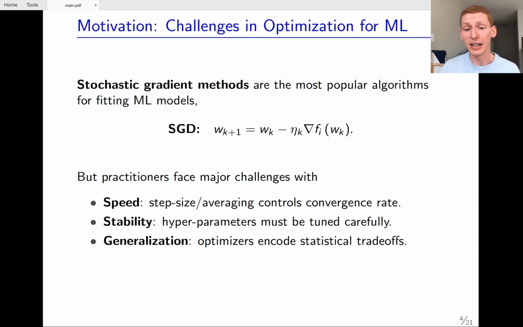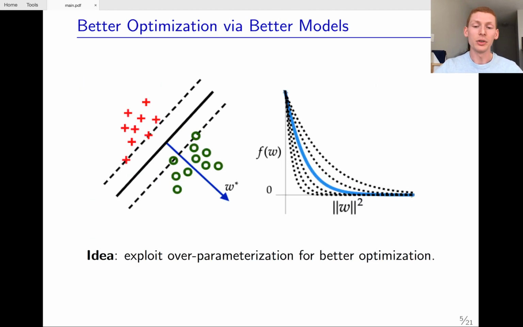This means that there are statistical trade-offs embedded in our choice of optimizer, so we have to think carefully when we pick SGD versus Adam versus Adagrad or some other stochastic first-order method. And so what I want to do in this brief talk is discuss how we can exploit the overparameterization of modern machine learning models to design better optimizers that are less painful for practitioners to use.